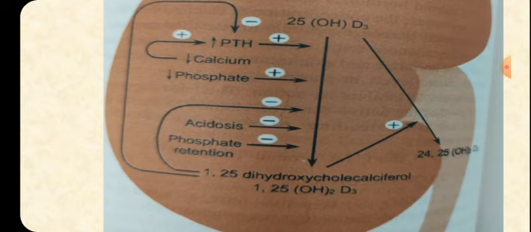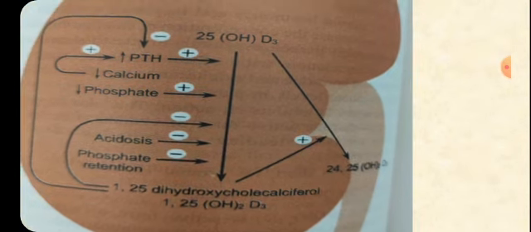Rather, as I have mentioned, the formation of the less active form, 24,25 dihydroxy D3, gets enhanced from the pre-activated form 25 hydroxy D3. In place of producing 1,25 dihydroxy D3, 24,25 dihydroxy D3 is enhanced, and thereby the activity of vitamin D3 is restricted.